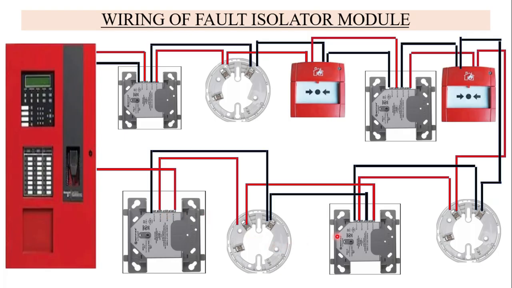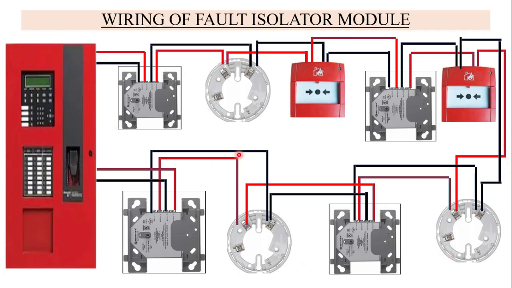Even if we have just two detectors, or even one, after that we again have to install the fault isolator module before this termination, returning back to the input of this panel. So here I have installed it. In this way we can do the wiring.